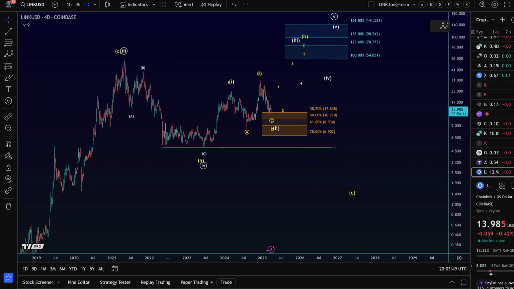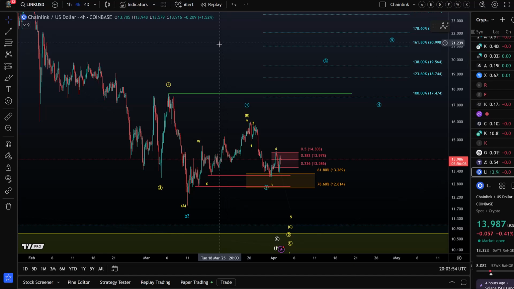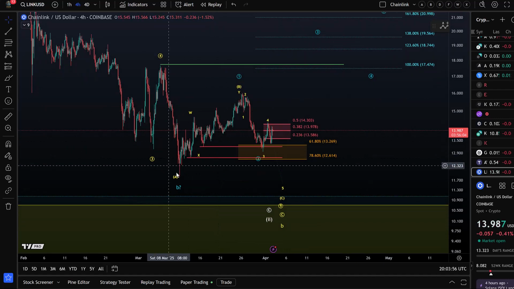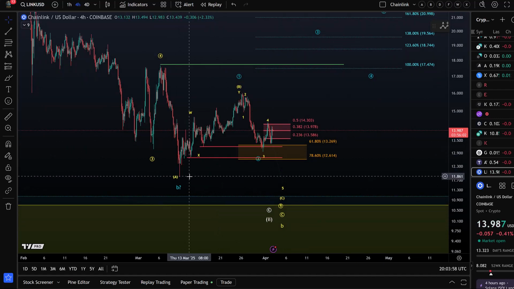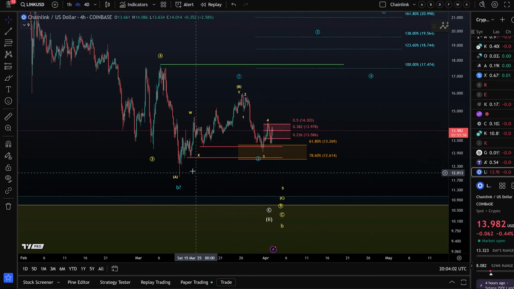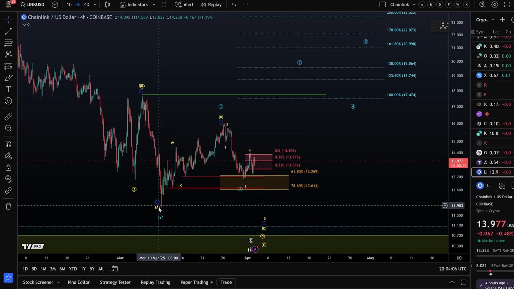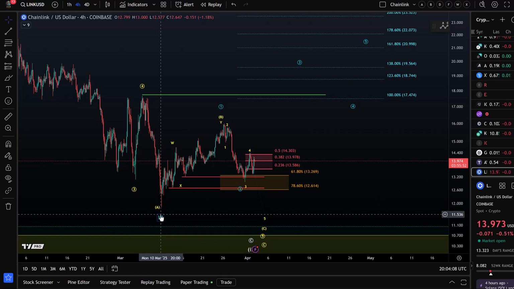Looking at the shorter time frame, let's take a brief look at it. The blue count here on the 4-hour time frame shows how a breakout to the upside would look like. I can't say that I find that very likely, for various reasons I discussed in previous updates.